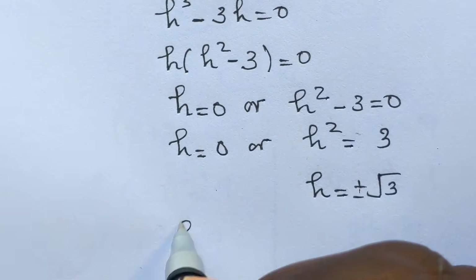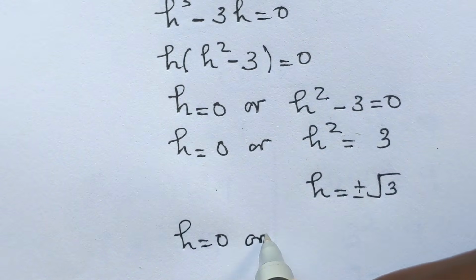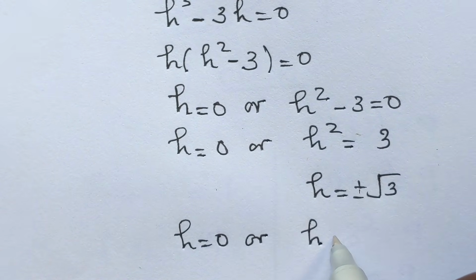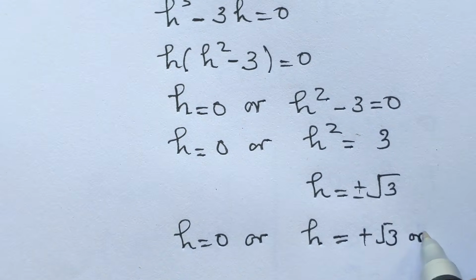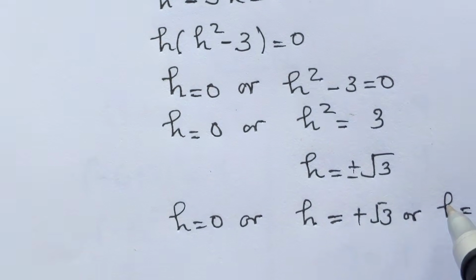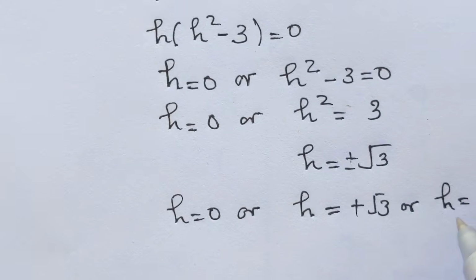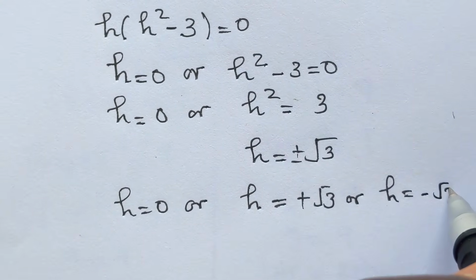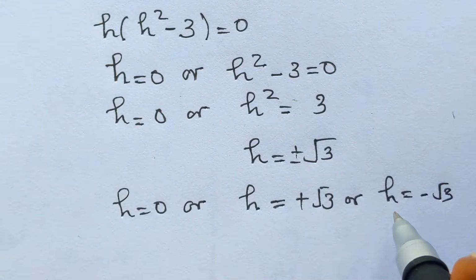Here we have h equals 0, or h equals positive square root of 3, or h equals negative square root of 3.